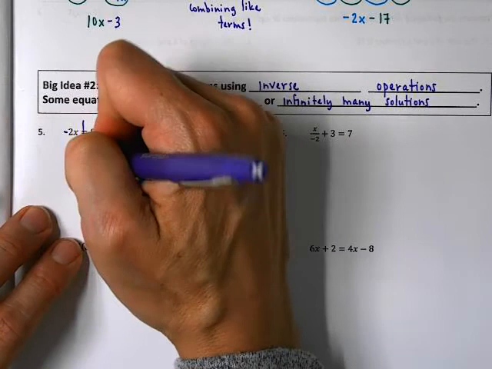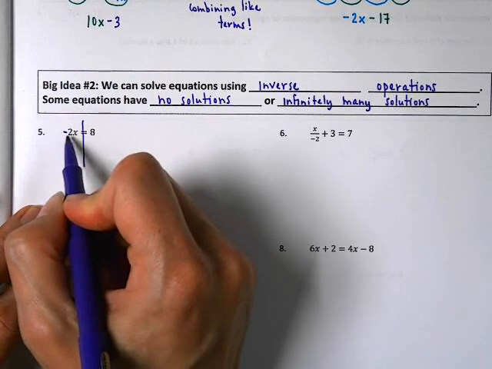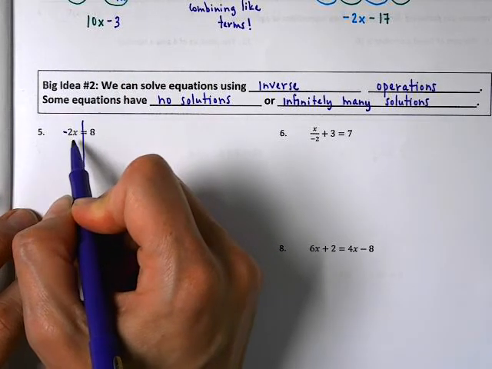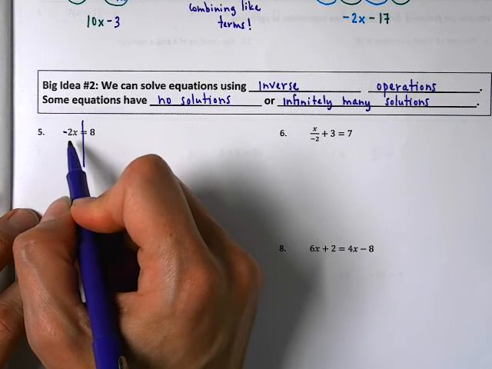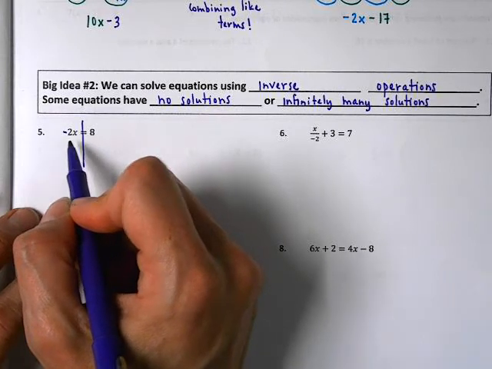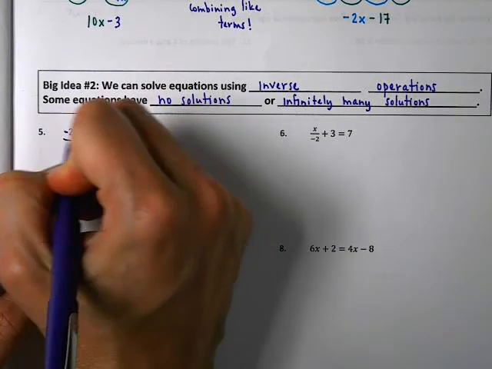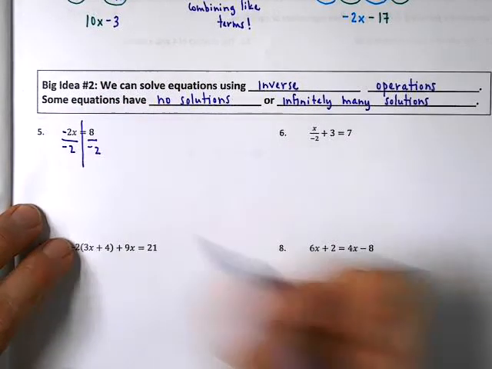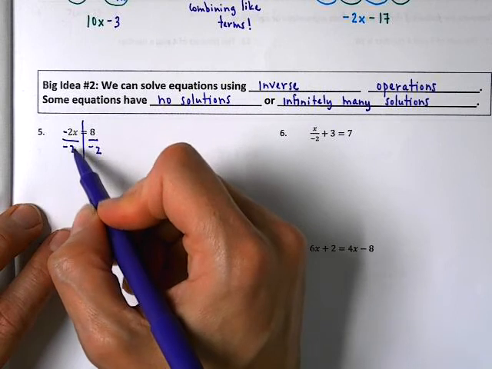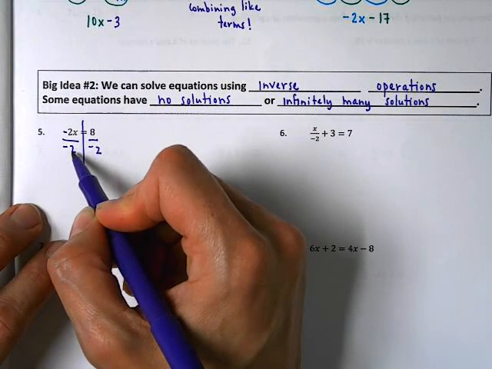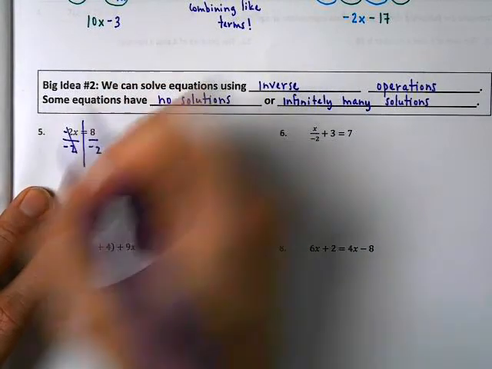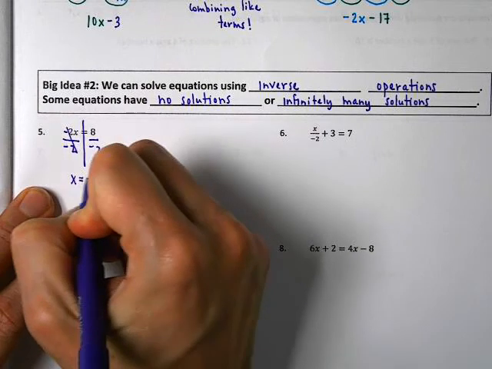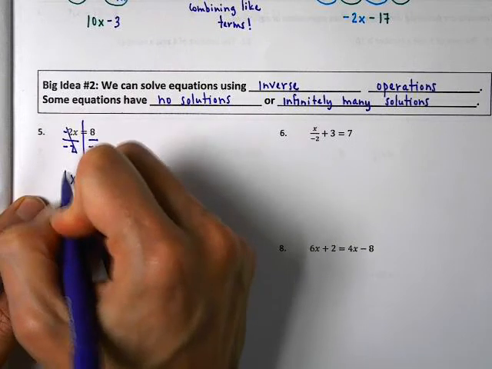However, we need to remember that this really says negative 2 times x, and in order to undo multiplication, we need to divide. So I'm going to divide both sides by negative 2. Since the coefficient was negative, I need to divide by that same negative number. Those are going to cancel, and I'm going to get an answer of x equals negative 4.